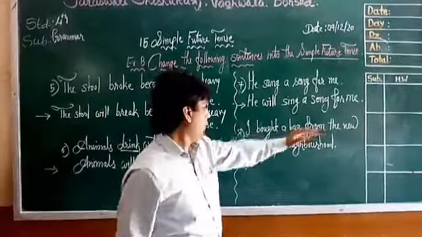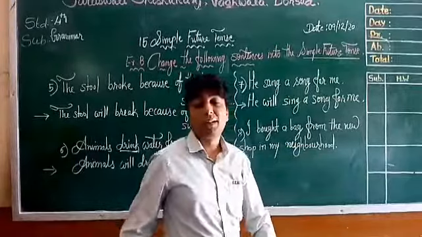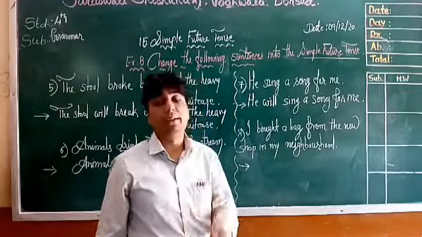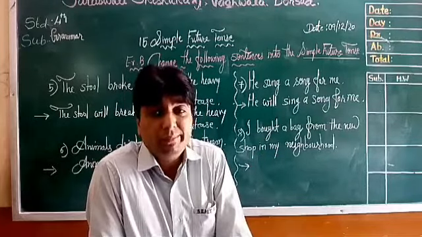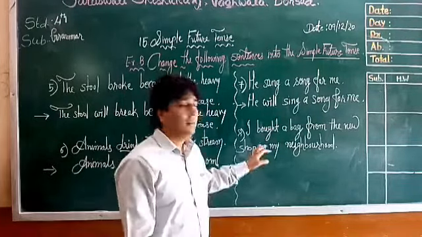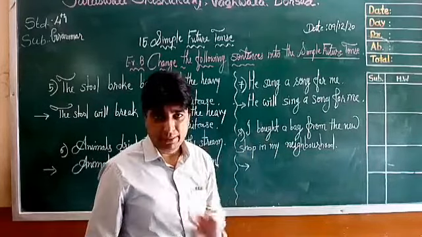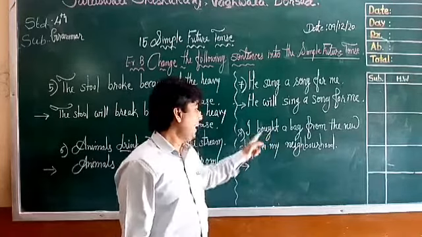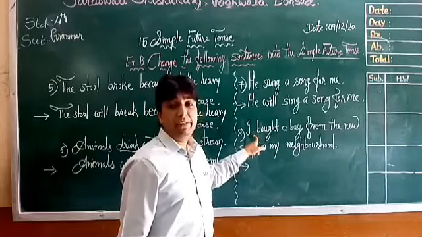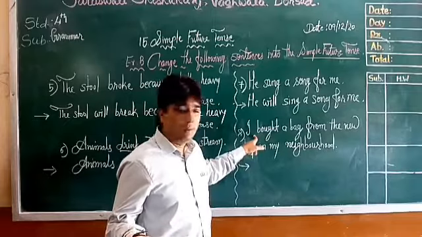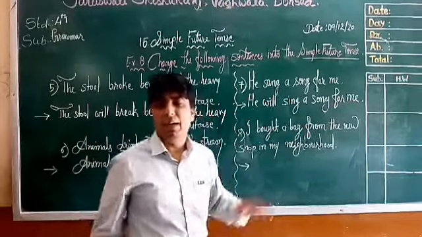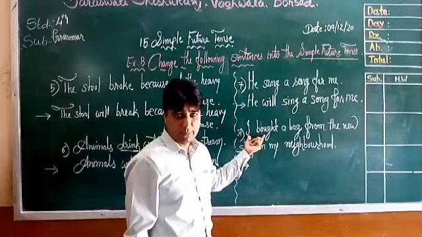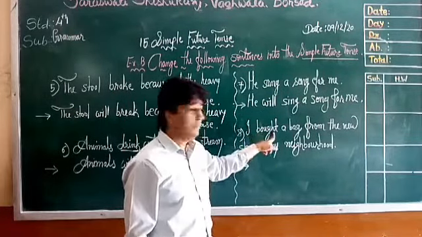I bought a bag from the new shop in my neighborhood. Oh my God, how long it is, right? The sentence is too long, so you might have thought that it's a bit difficult. It's not that difficult, right? Just focus over here. First two words: I bought. What should be there between them? Will. However long the sentence is, you need to focus on the subject and verb.